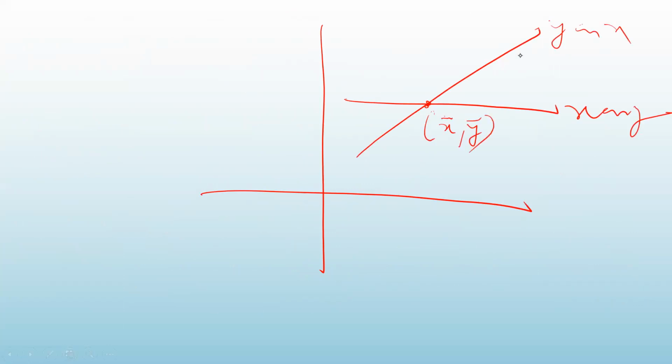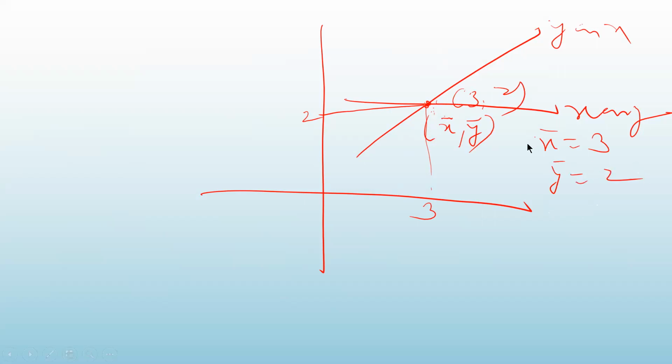So if the equations of the lines are given and you are asked to find the mean values, one method is to draw those two lines on the graph paper and find their point of intersection and its coordinates. Suppose it meets here at 3 and this is at 2. So the value of x bar will be 3 and y bar will be 2.